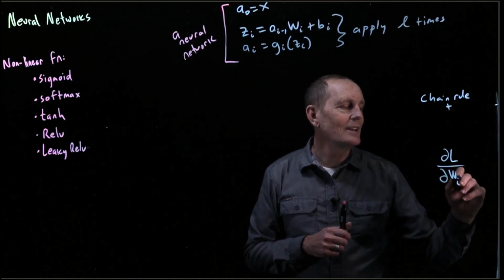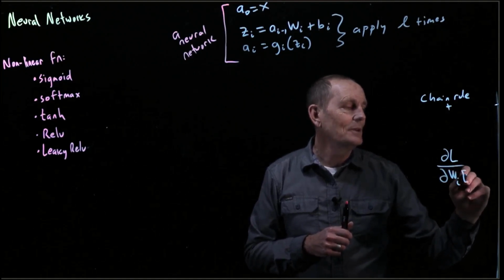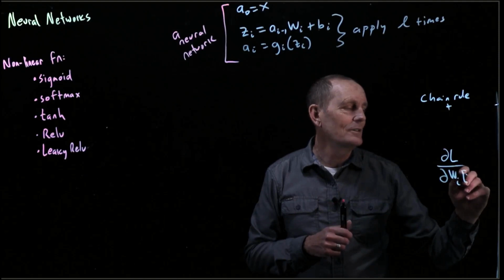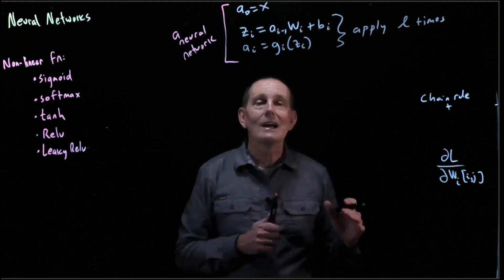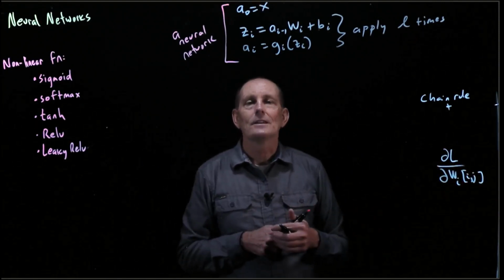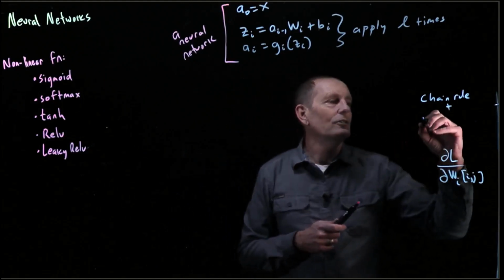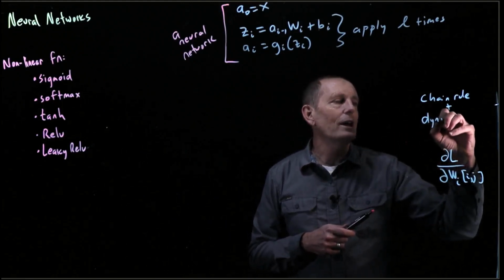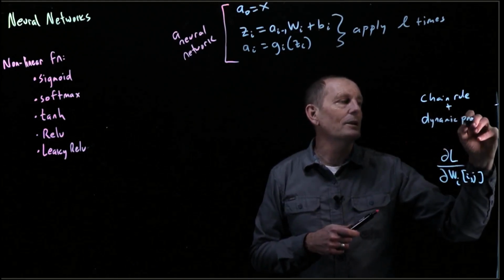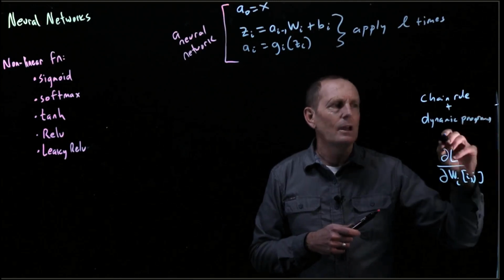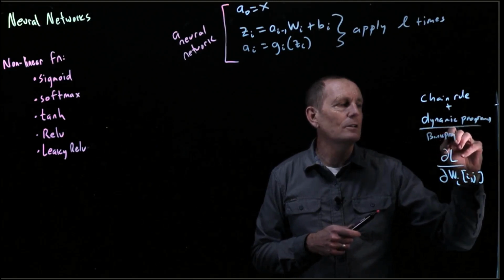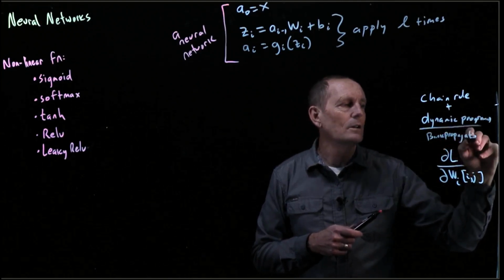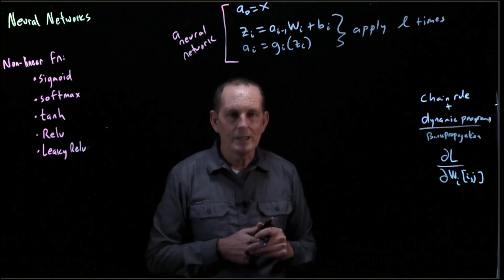So some Wi, whatever the particular entry is, i comma j or j comma k. So we've got lots and lots of such gradients to calculate. So we're going to go ahead and use the idea of dynamic programming, and that is going to give something that actually has the name backpropagation. But that's a preview. We will get to that.